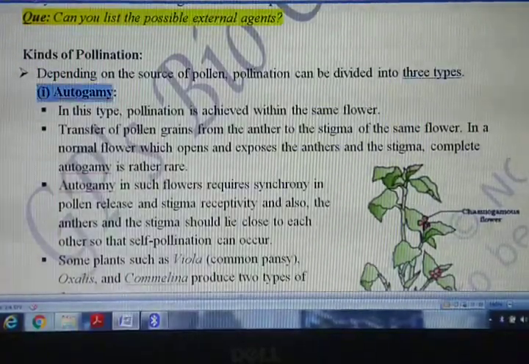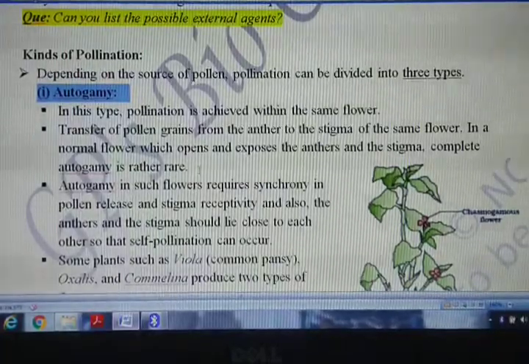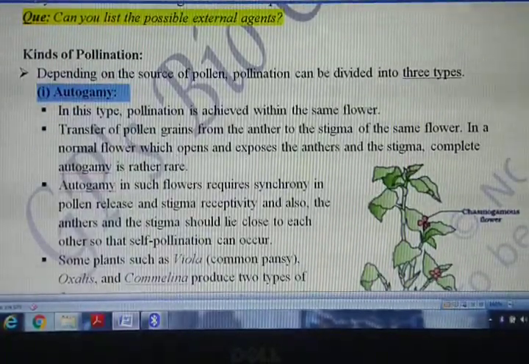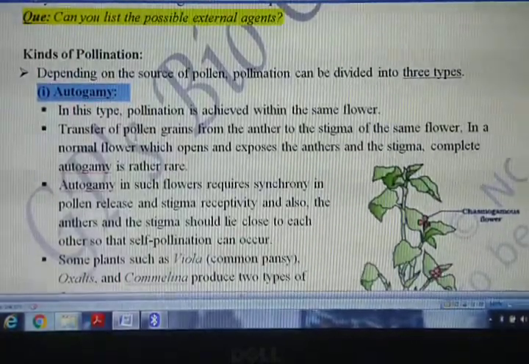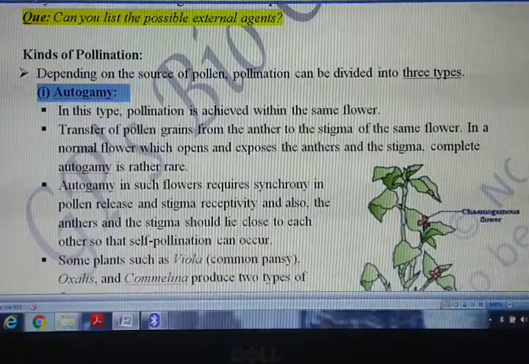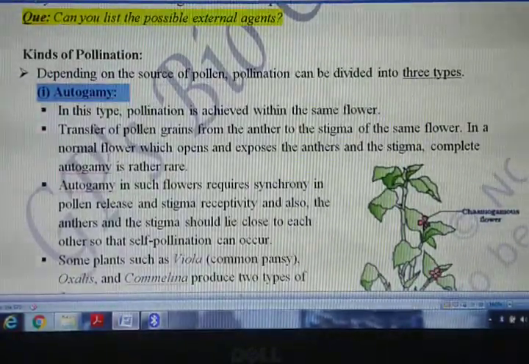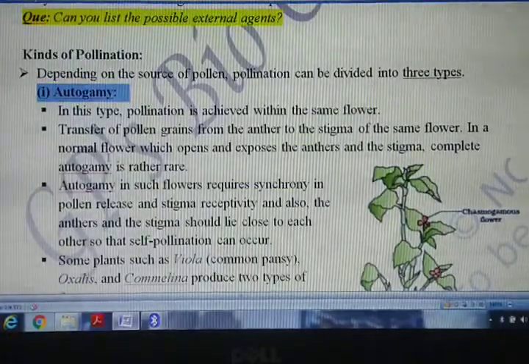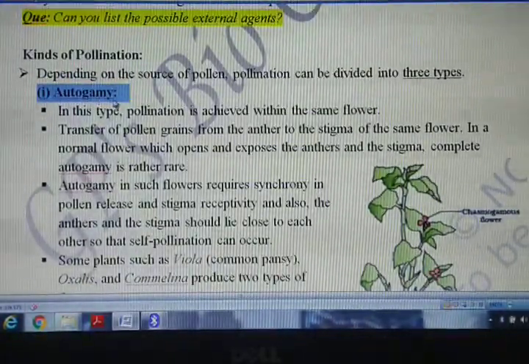The first one is autogamy. As I said, autogamy and geitonogamy are both self pollination, because here the pollen grains are transferred from the anther to the stigma of the same flower, or otherwise to another flower on the same plant. Let us see autogamy first.